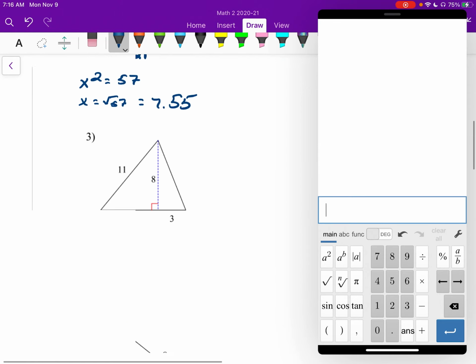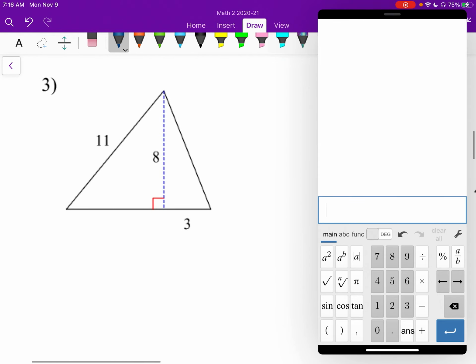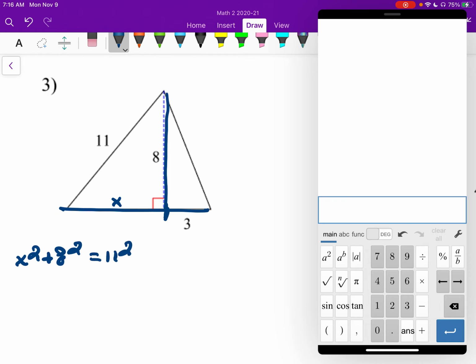All right. Number 3. This one's going to be a little bit different. Here's our height. Here's our base. We have this right side of the base. We need to find the left side. So we'll call it x, and we'll say, well, x squared plus 8 squared equals 11 squared. There's a little bit of a faster way to type this in our calculator, and I'm going to show you now.